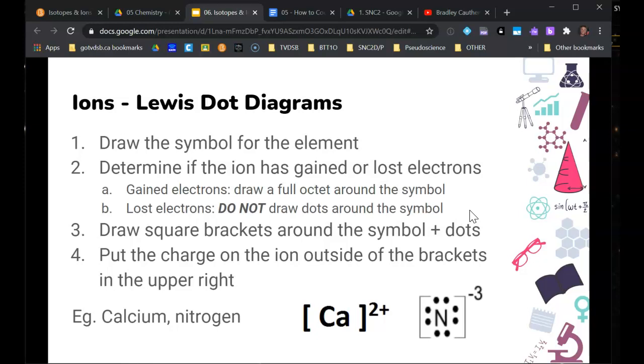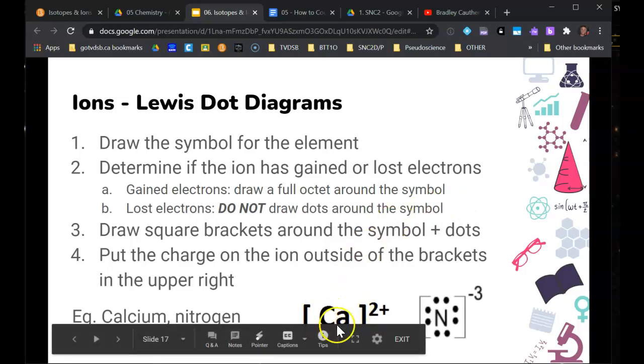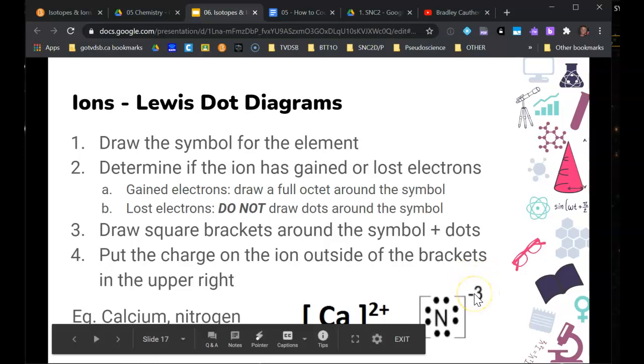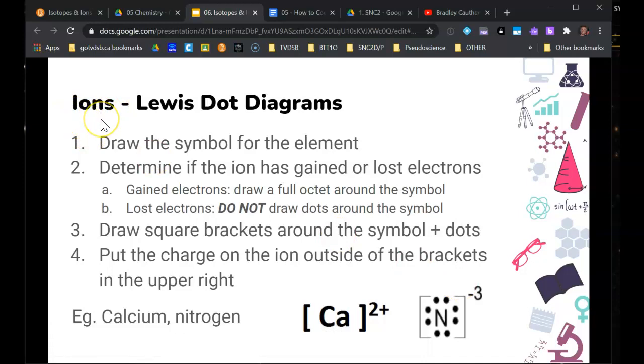If we're drawing a Lewis dot diagram for an ion, we have to show that it is either filled up or emptied out its outer orbital, and we do that by either not including any dots or including all of the dots to fill up that outer shell, and then we draw square brackets around it, and then we put the charge up here. All right, there's no charge on a regular atom, so we don't include this. We only include that charge when we're talking about ions.